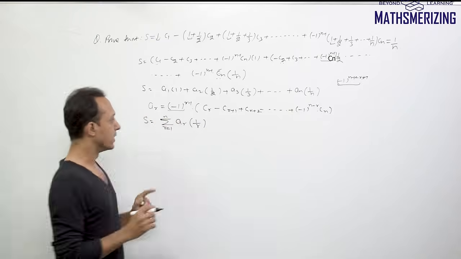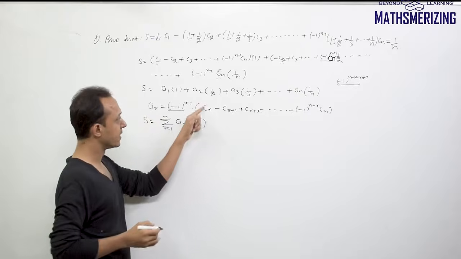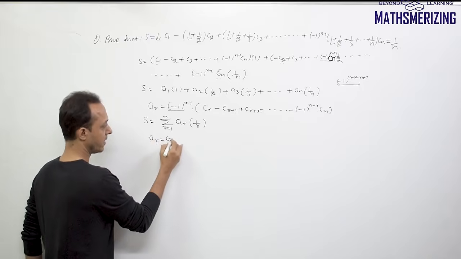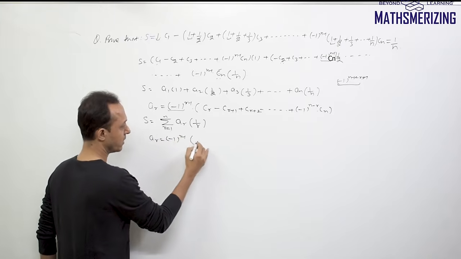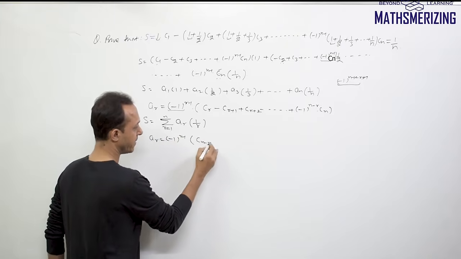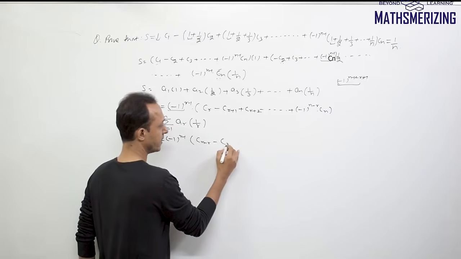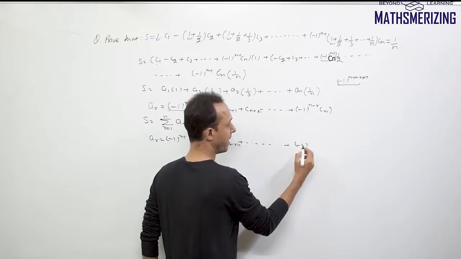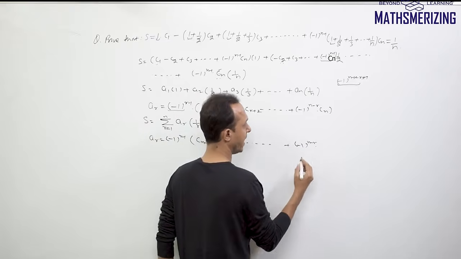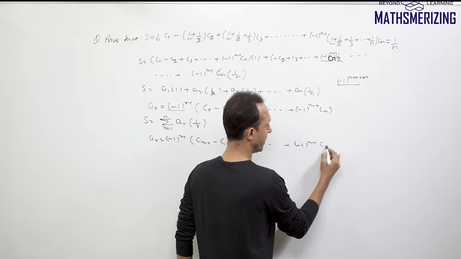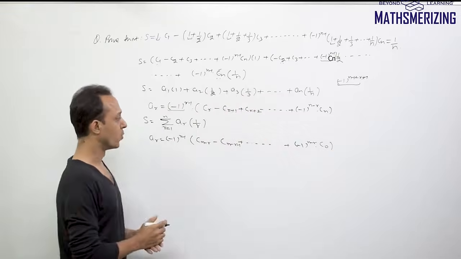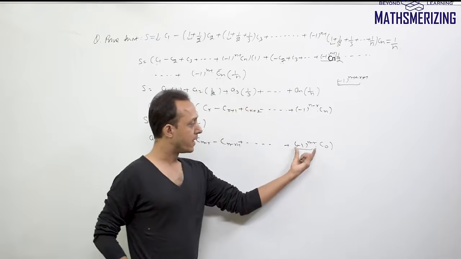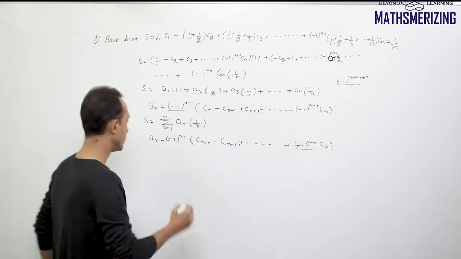Now what I'll also do is change these nCr into nC(n minus r). So I can write it as ar, and this is minus 1 to the power r minus 1, and this is n minus r minus 1, and here it will be minus 1 to the power n minus r, and here it will be C0. So I'll reverse the series and take minus 1 to the power n minus r common.